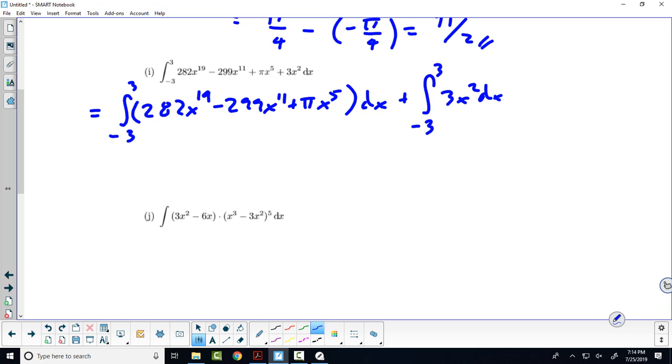So I've just broken this up into an odd and even function. Okay? Why did I even think to do that? Well, I kind of got a suspicion when I saw that I had equal but opposite limits of integration. Okay? So this is equal to 0 plus 2 integral from 0 to 3 of 3x squared dx.